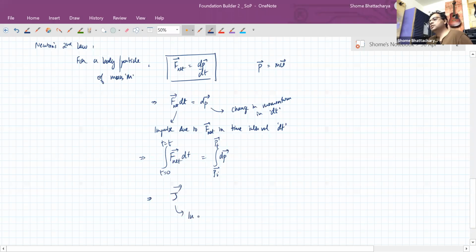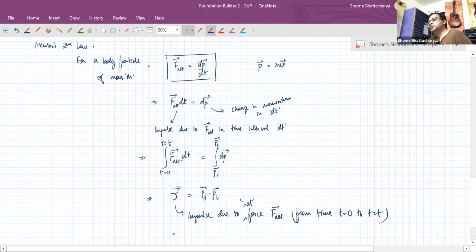This is the impulse due to the net force from time t equal to 0 to t equal to t. So that net impulse is equal to final momentum minus initial momentum.